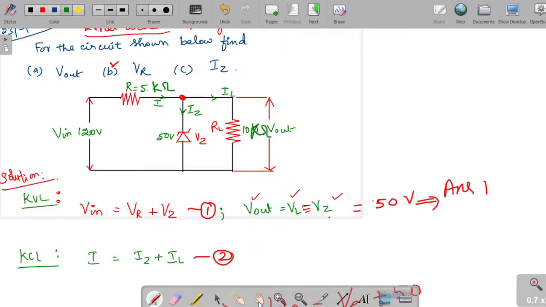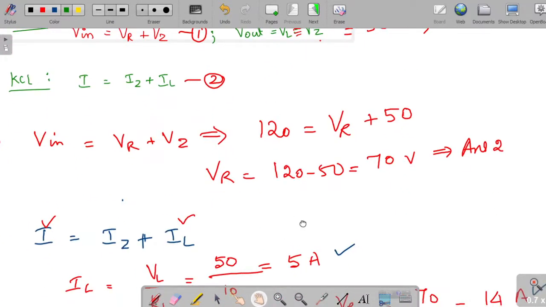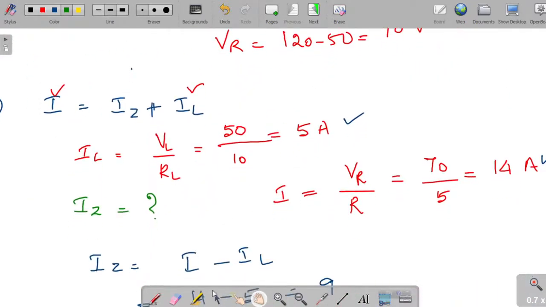So when we calculate everything in kilo ohm, what would happen? Here 50 into kilo ohm means 10 power 3, right? So when it goes here, it is 5 into 10 power minus 3. So we can write it as 5 milliamps.